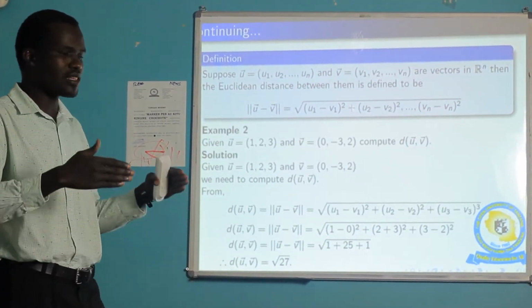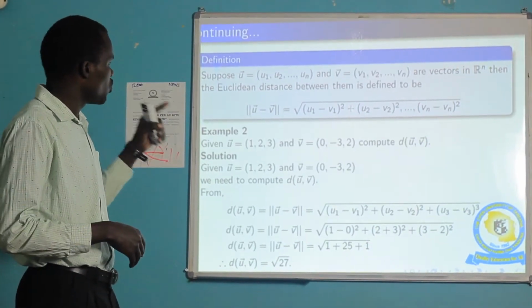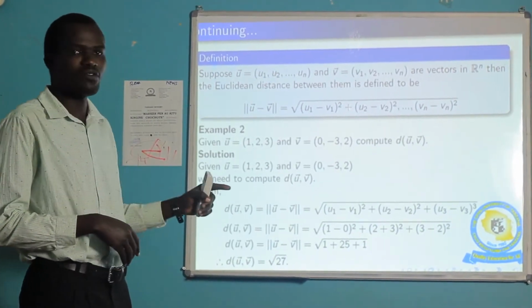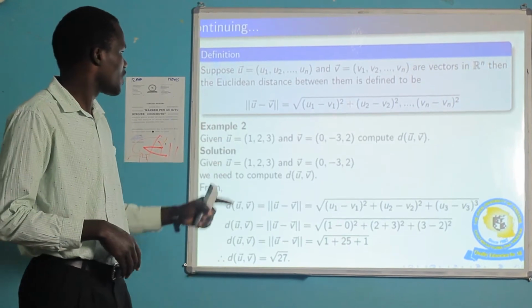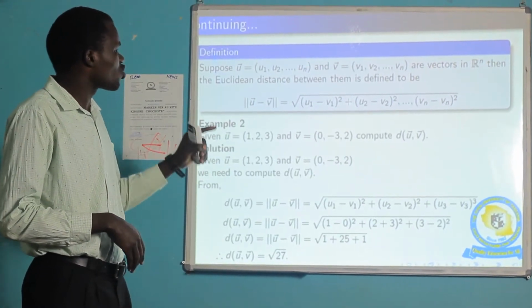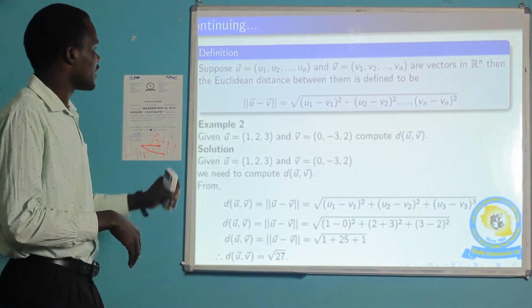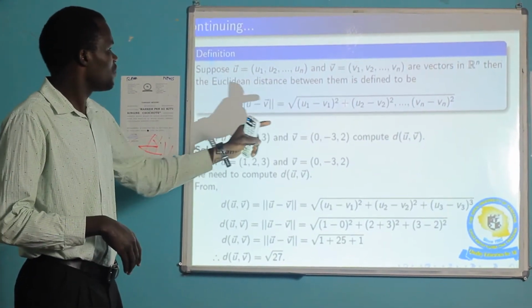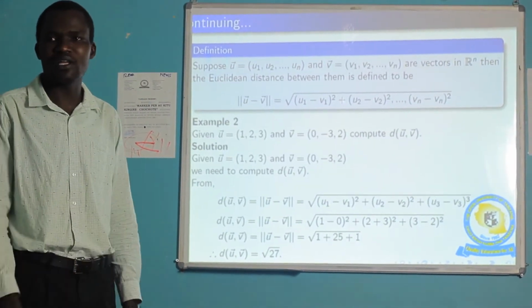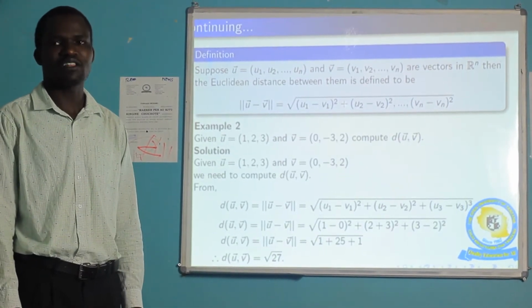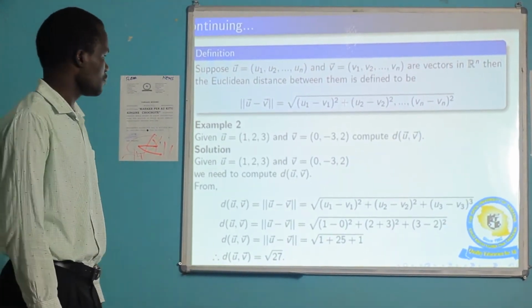We take the norm of u minus v, vector u minus vector v, and then it equals the square root of the differences between the corresponding entries of the two vectors given.